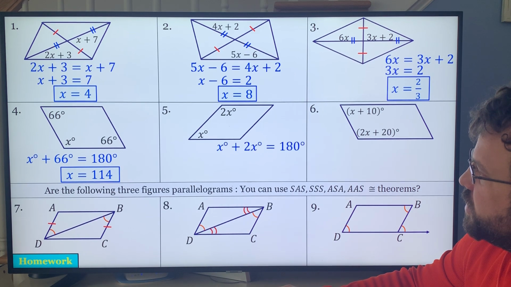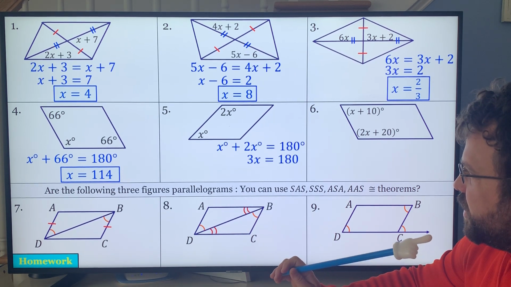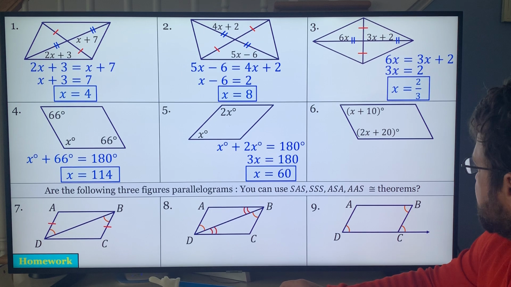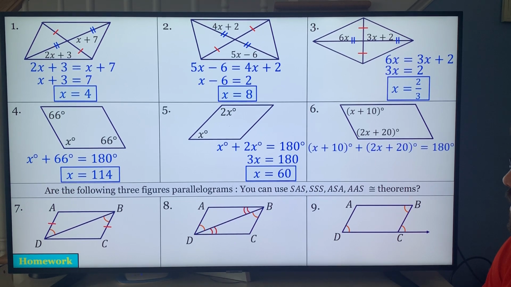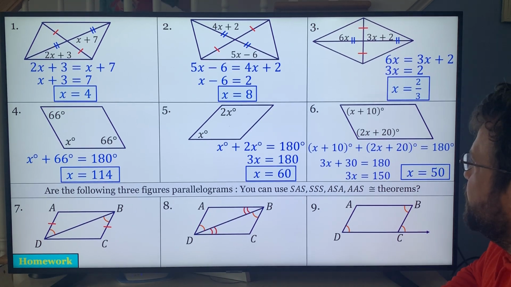Right here, 2x plus x equals 180. 3x is 180 and x is 60. All right, these two, supplementary. All right, x plus 10 plus 2x plus 20 equals 180 again. X and 2x is 3x, plus 30 equals 180. 3x equals 150, and x equals 50. All right?